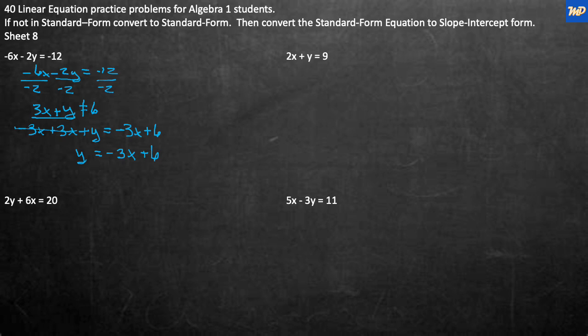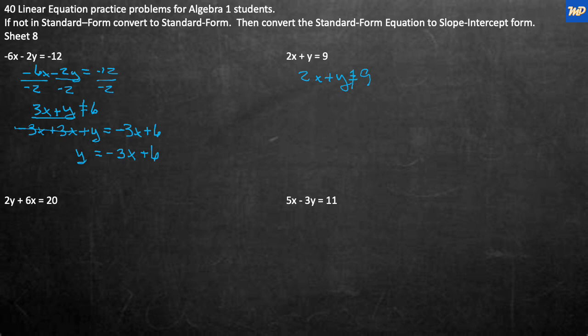Next, this problem, 2x plus y equals 9. No common factors, no fractions, no decimals, but the x is positive. That's the important part. This equation is ready to go into slope-intercept form. So we're going to have 2x plus y equals 9. This is going to be an easy one. Why is that? There are no common factors, because we're going to subtract 2x from both sides.